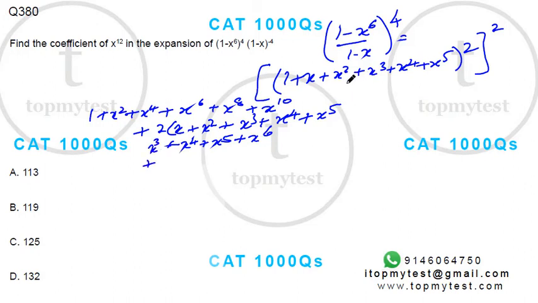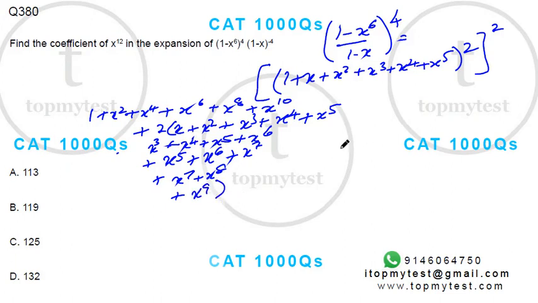Plus when you multiply with x square, you'll get x to the power 5 plus x to the power 6 plus x to the power 7, then you multiply with x cube, so x to the power 7 plus x to the power 8 plus x to the power 9, right?